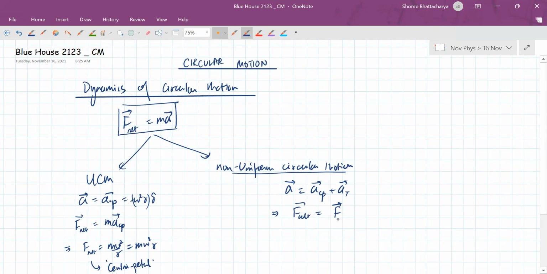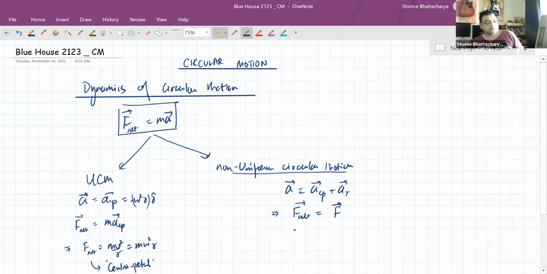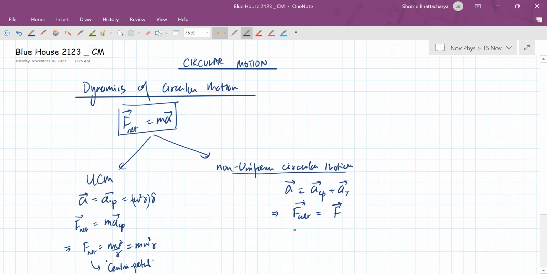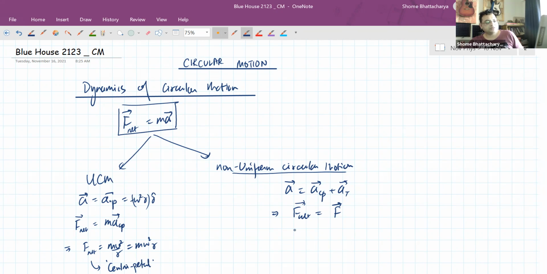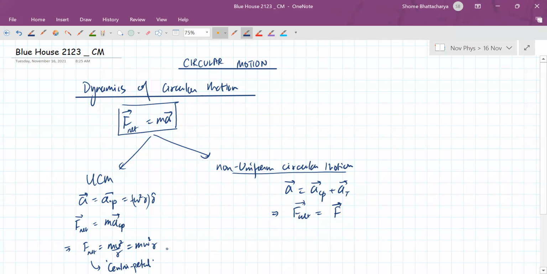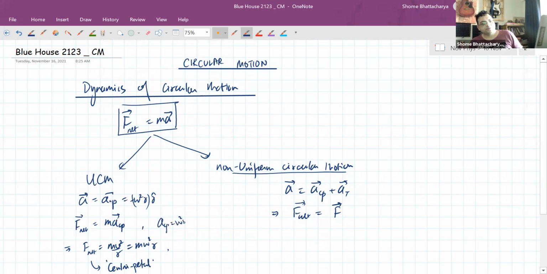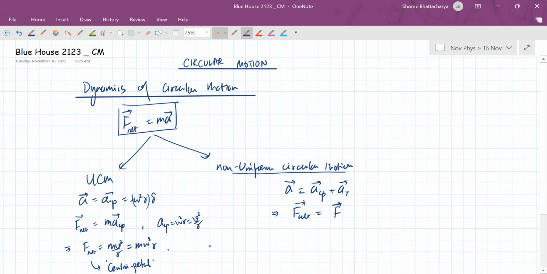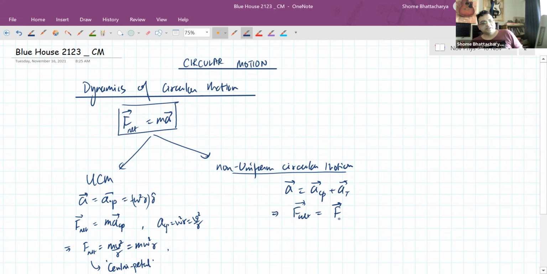The centripetal component is mv square by r, which is the same thing as m omega square r, because centripetal acceleration has a magnitude of omega square r, which is the same thing as v square by r, because v is equal to r omega. This net force is also now having the two components, centripetal and tangential.